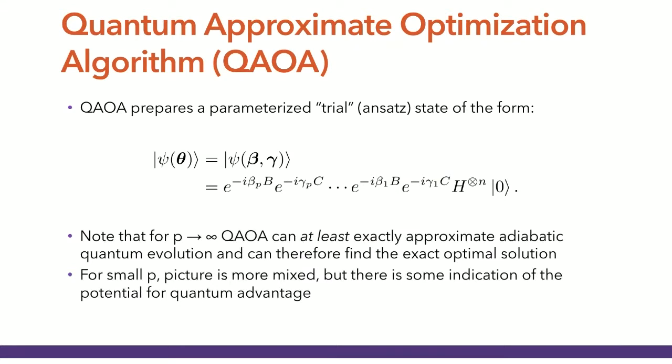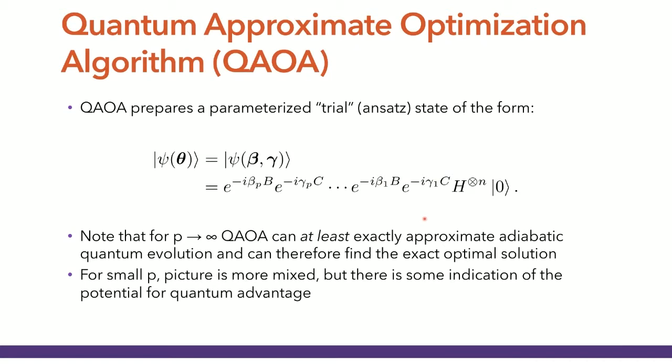Now, why do we think it's a good ansatz? P is the number of these pairs of alternating operators that we apply in sequence. We know that if we have an infinite number of these operators, then this can exactly approximate the adiabatic quantum algorithm, which is guaranteed to find the exact optimal solution in the limit of potentially exponentially large running time.